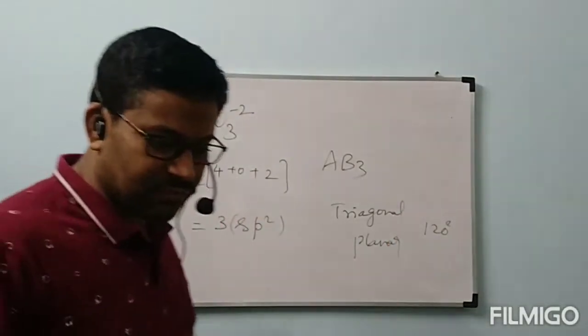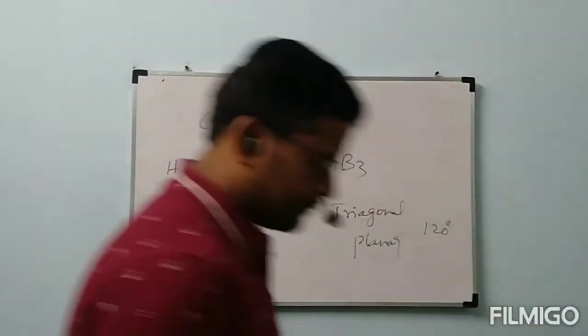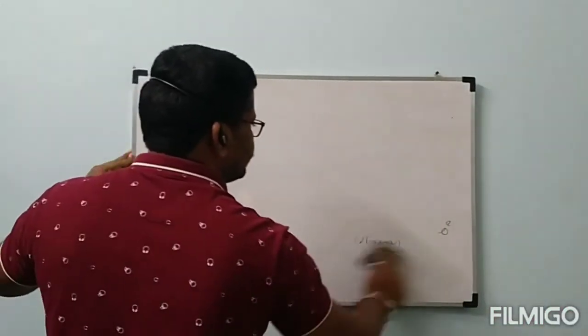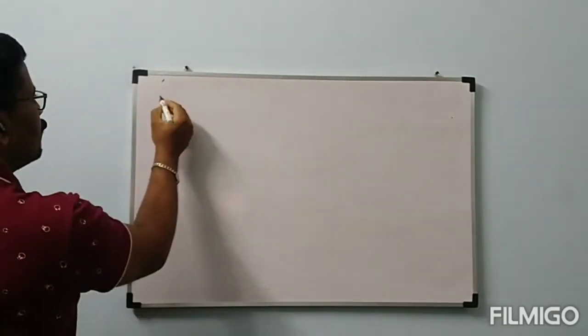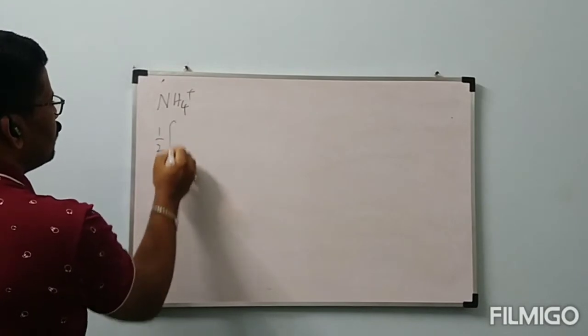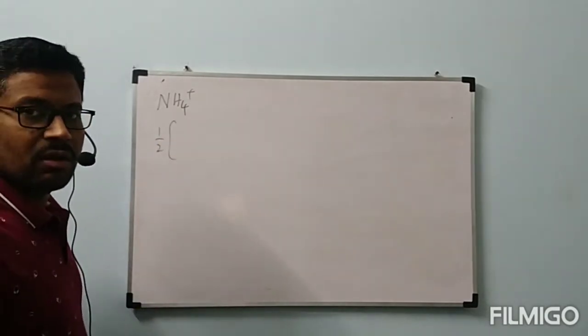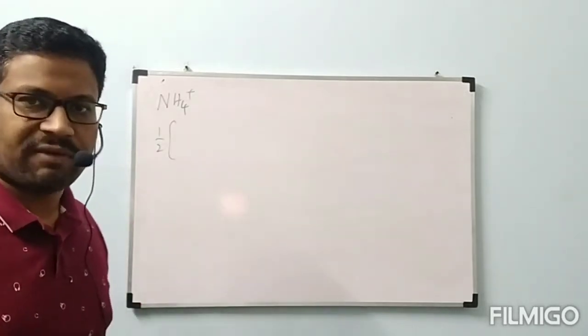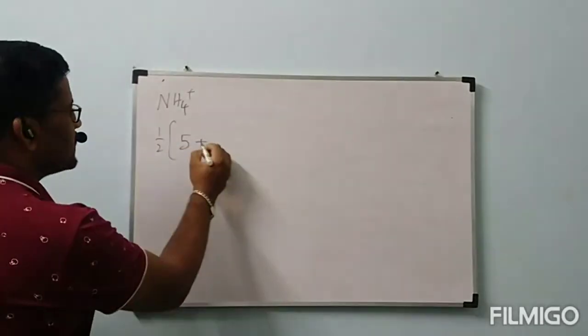One more example, NH4 plus, the ammonium ion. One by 2 into the central atom nitrogen. How many valence electrons are present on nitrogen? 5, plus 4.